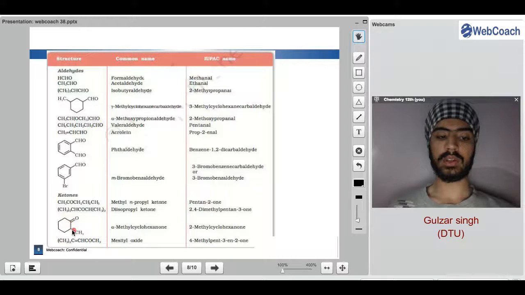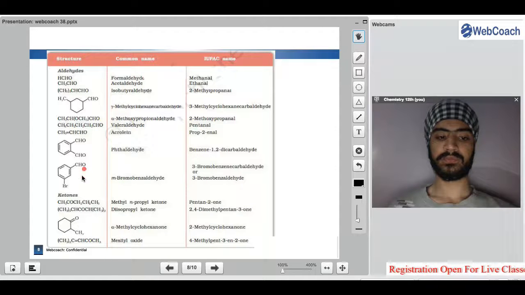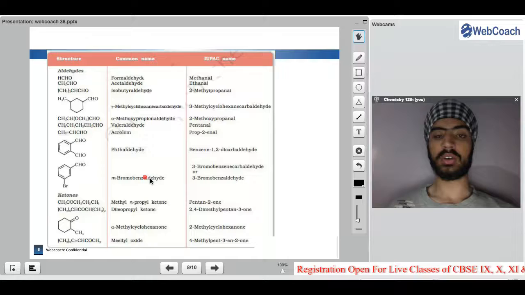The cyclic one, we have on the alpha carbon a methyl, so we write alpha-methylcyclohexanone, and this is an alkene. Its common name is mesityl oxide or 4-methylpent-3-en-2-one.